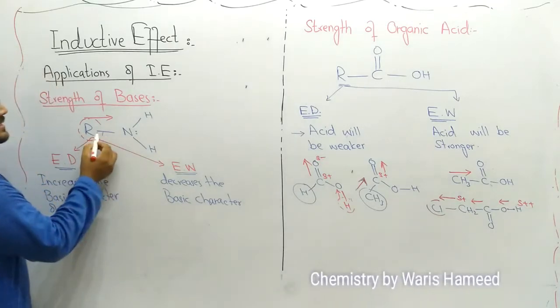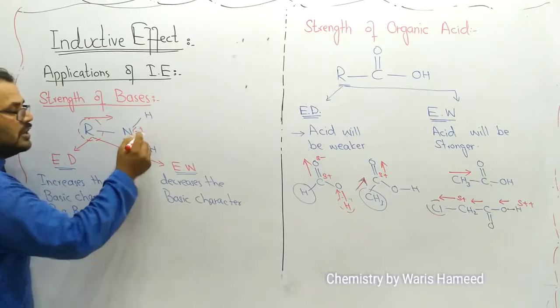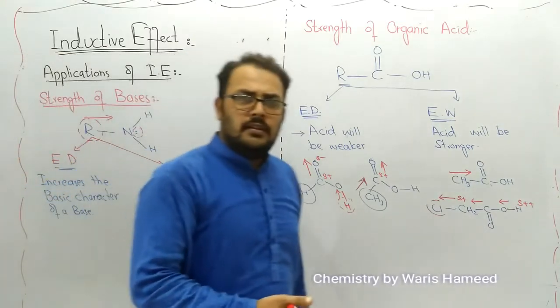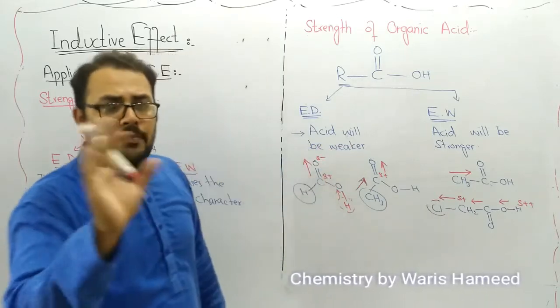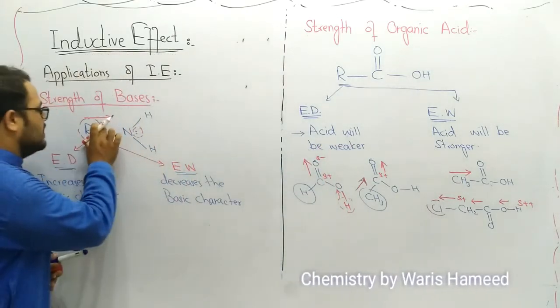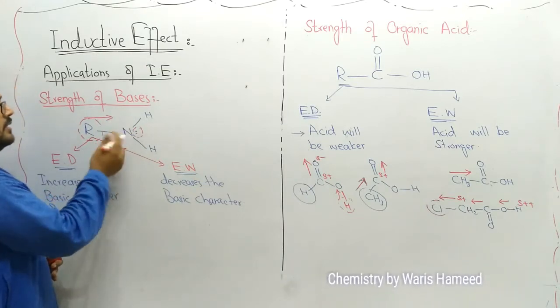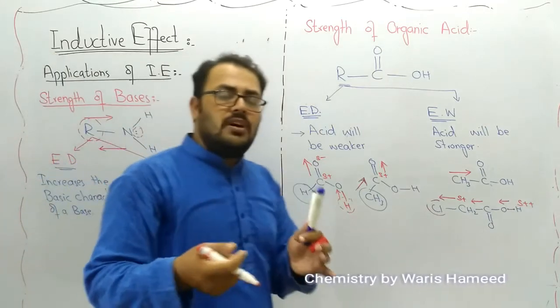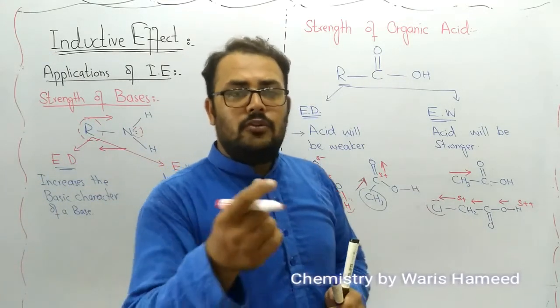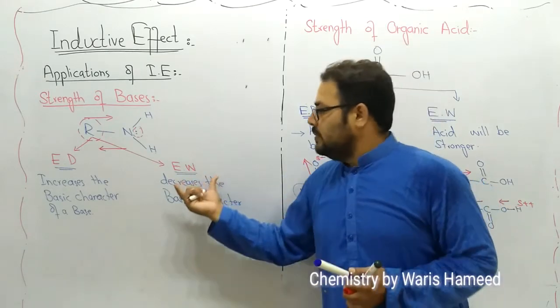When electronic density is pushed toward the nitrogen atom, these electrons will be readily available. If electrons are readily available, then this is a good base. And if this group is electron withdrawing, then the electronic density of nitrogen will be withdrawn toward that group, and the lone pair is not readily available, so this will be a weak base.